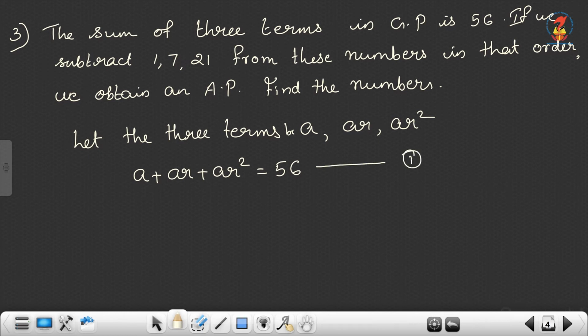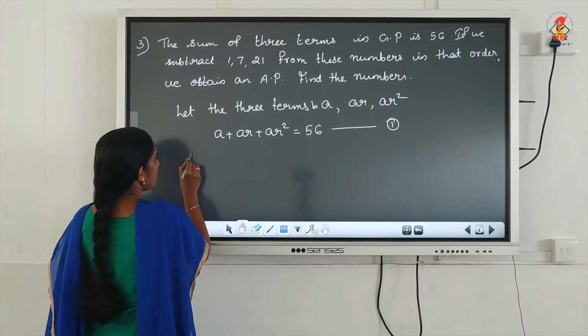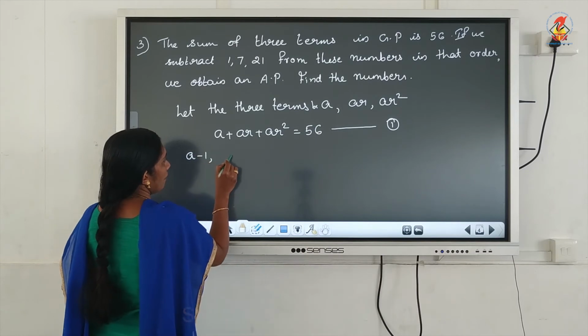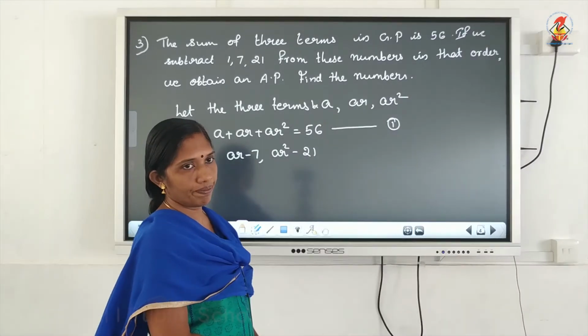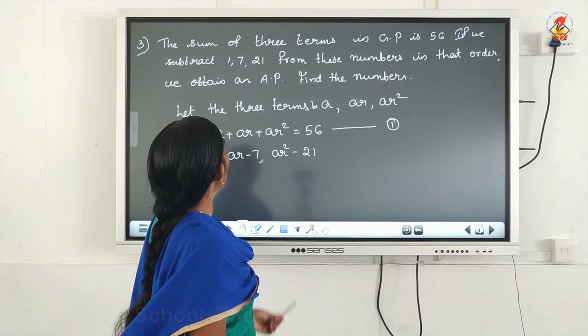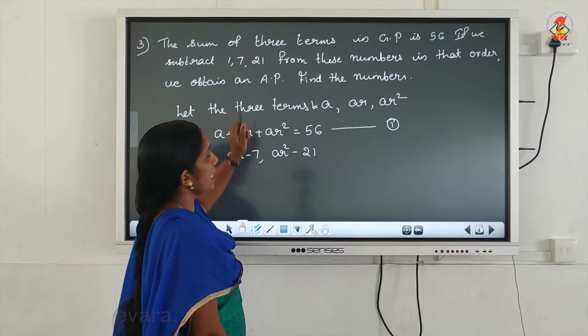Equation 1. Then if we subtract 1, 7, 21 from these numbers in that order, that is from a you have to subtract 1, from ar 7, from ar square 21, so we get 3 new numbers. Then what is given? When we subtract, we obtain an AP.